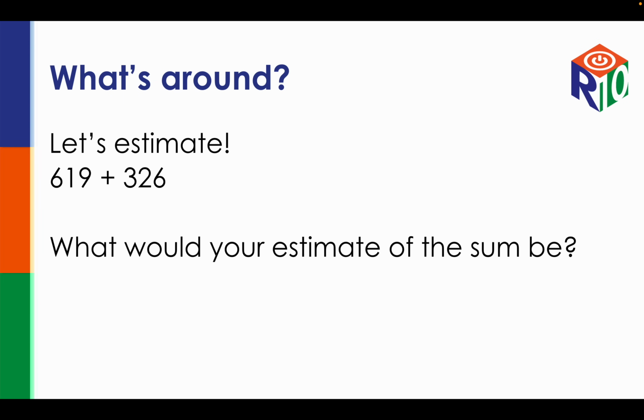All right, so my estimate was 950 because I had 625 and 325. So there's my 900, and then my 25 and 25 is 50. So my estimate would be 950 because I used those 25s on both of them. What would your estimate be? The same as mine, or would it be different?